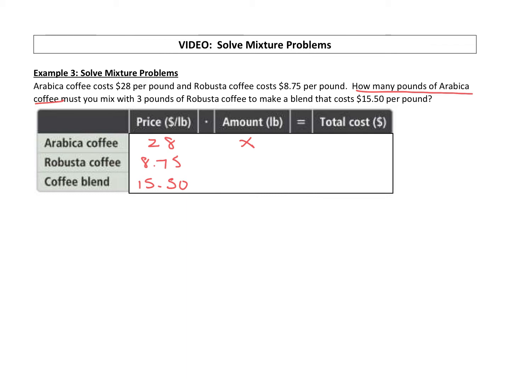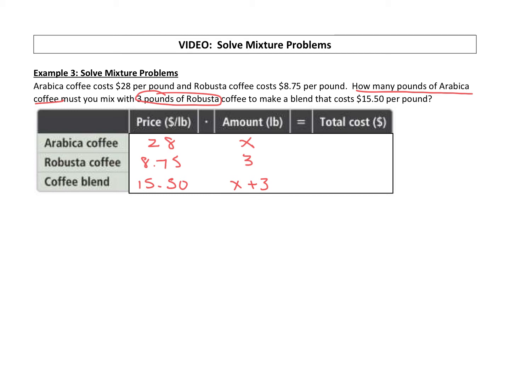We're going to have 3 pounds of the Robusta coffee. And then the coffee blend is a combination of our Arabica and our Robusta coffee, so we're just going to add those together, and that's going to give us the total pounds that we're looking for.